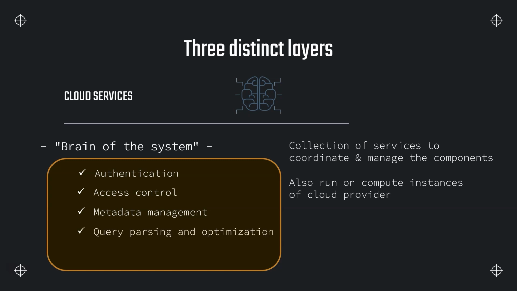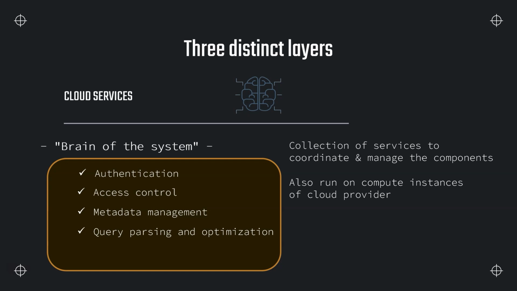It is important to know that the query execution, the query processing, happens in the compute layer, but the query parsing and query optimization is done in the cloud services layer. This directs the query to the compute layer, and this is also done by the cloud services.